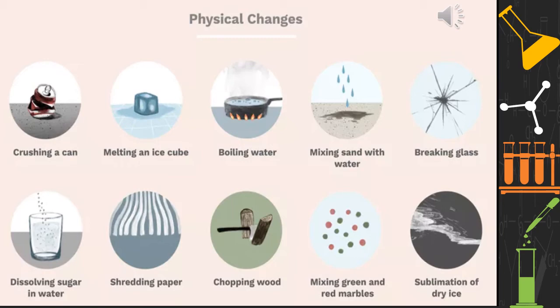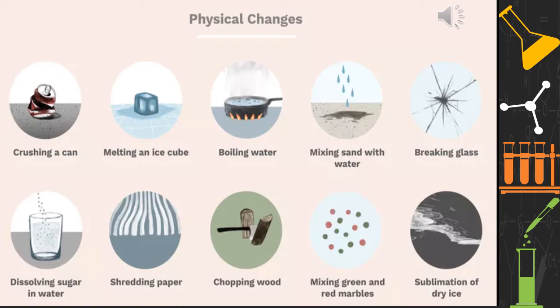Water boils to form water vapor. Water and water vapor are again two different states of matter. Here again no new substance is being formed. Hence boiling of water is also a physical change.